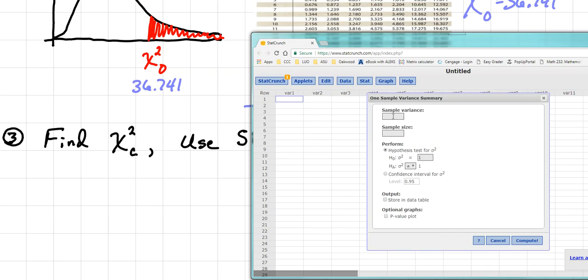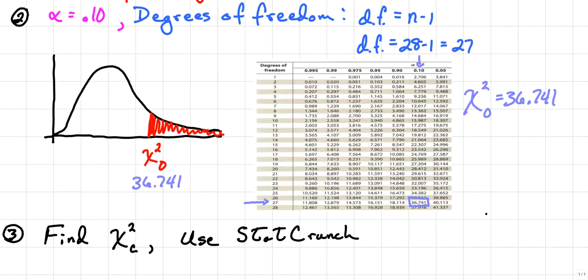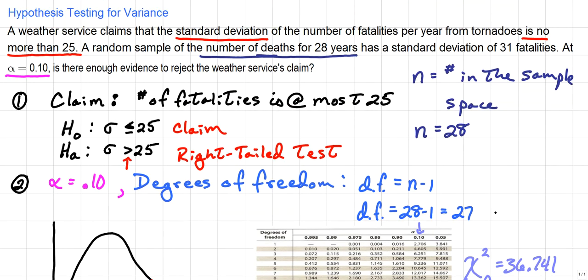And in this pop-up window, we're going to put in the sample variance. But remember that we don't have sample variance here. Let me show you what I'm talking about. We have the sample standard deviation because that's what's given to us right here. Well, how do I find the sample variance?